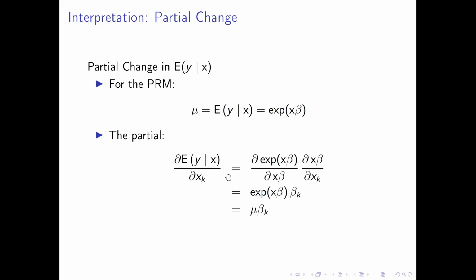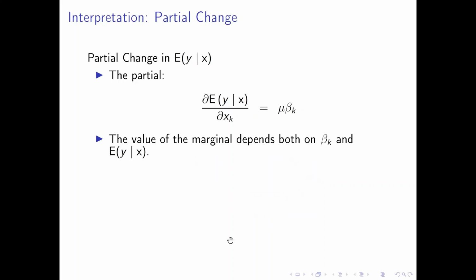And the partial, using calculus, turns out to be this number, mu multiplied by the coefficient for this generic variable xk. So when we're talking about the partial change, the instantaneous effect of xk on expected rate, it's going to be the product of mu, that is the exponential function of x beta, multiplied by its corresponding coefficient beta k.